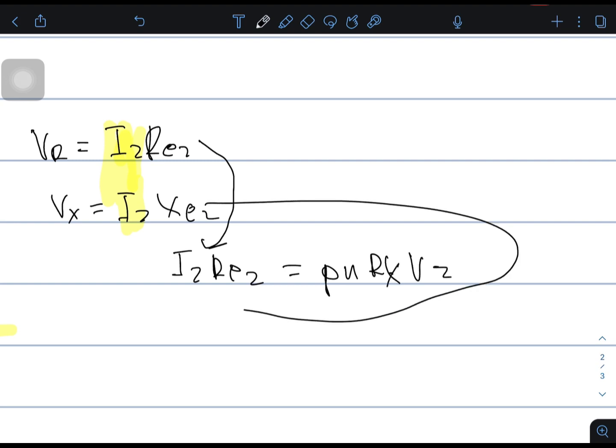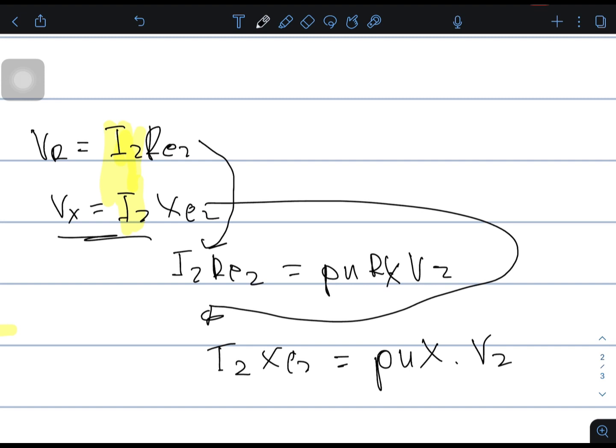Or even if you find the internal voltage drop due to the reactance of the transformer, per unit impedance times V2.